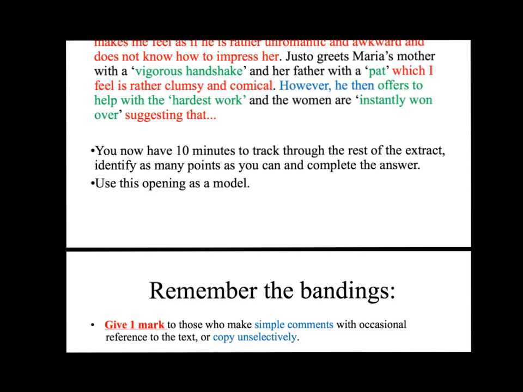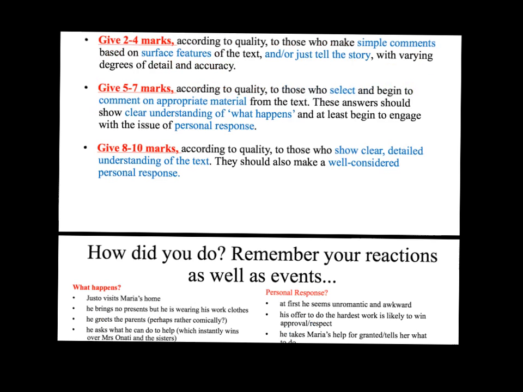And then if we're looking at the bandings, you shouldn't really have a mark of 1, but a mark of 1 is simple comments with occasional reference to the text or copying unselectively. And we'll look at the other marking criteria on the next slide. So for 2 to 4 marks, which isn't the C grade, you've got simple comments based on the surface features of the text or just retelling the story.